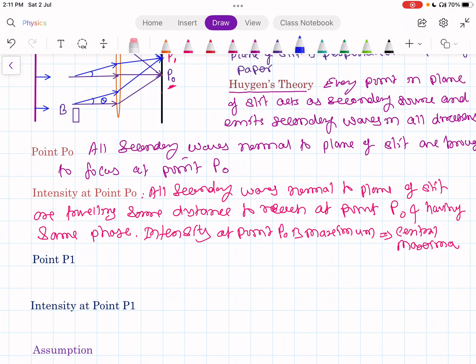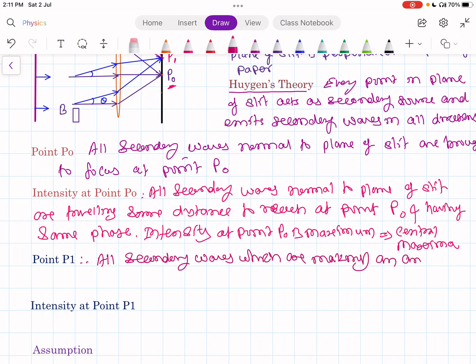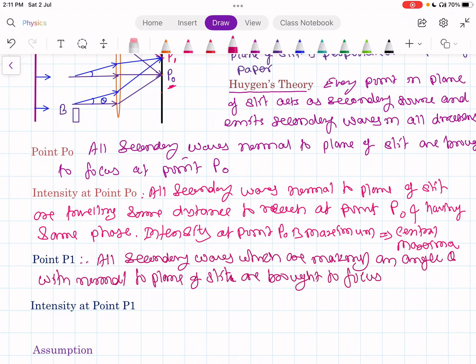So in case of point P1, we can say that all secondary waves which are making an angle theta with normal to plane of slit are brought to focus at point P1.